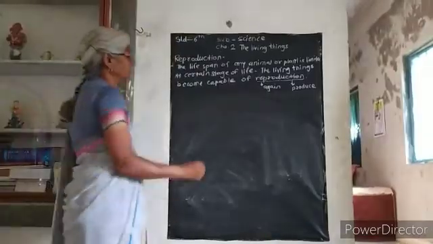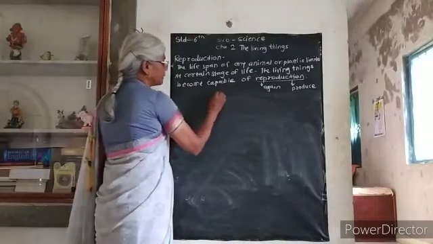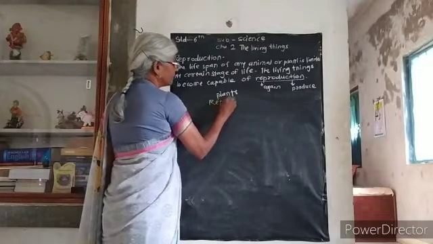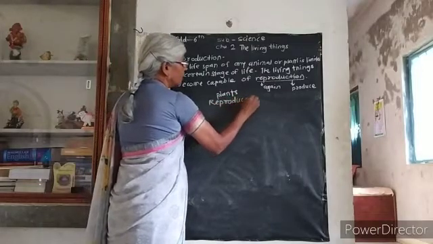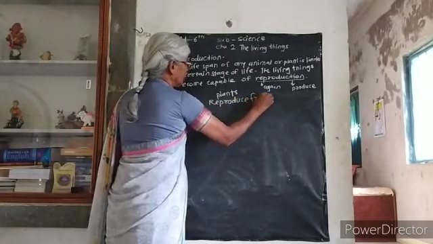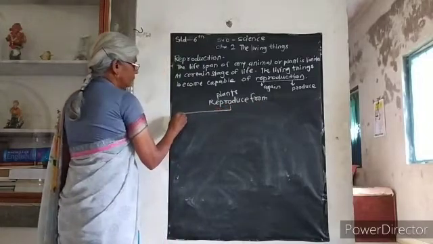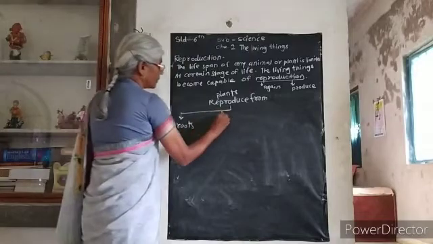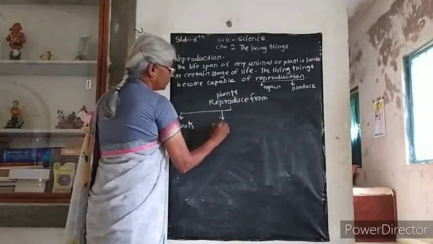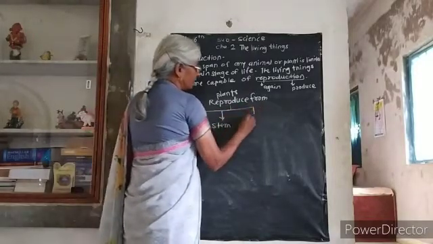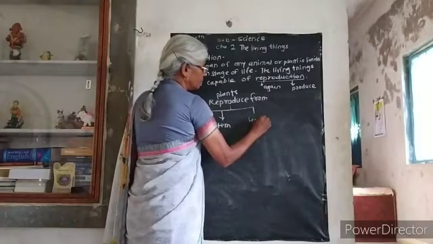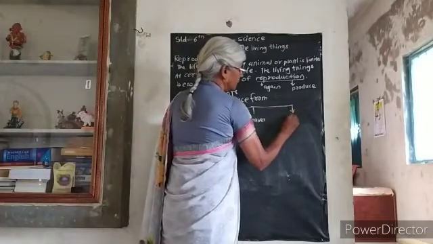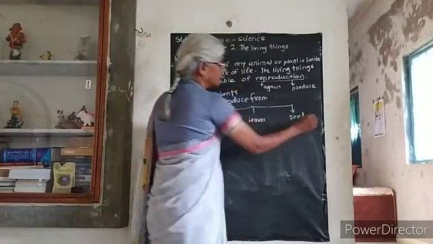Then we see the reproduction in plants. Plants reproduce from roots, stem, leaves, and seeds.